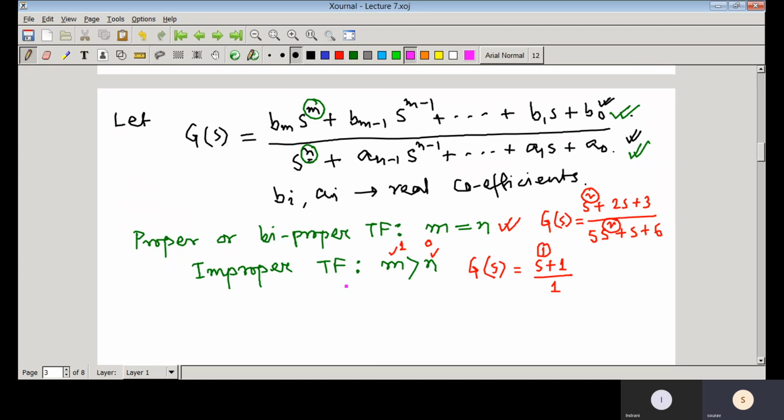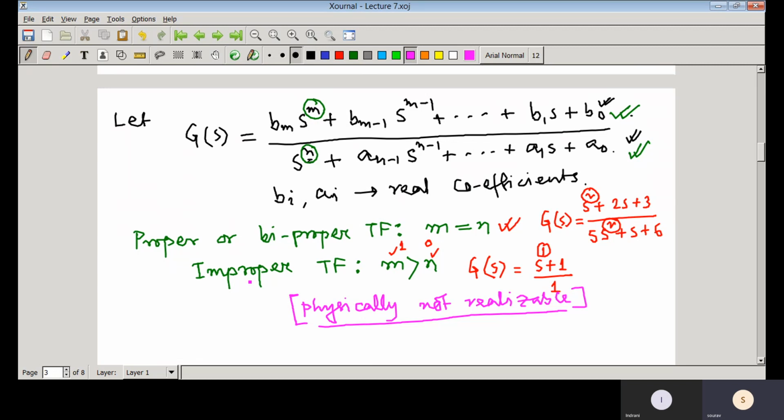So one important point, and that is very very important, that improper transfer functions are not physically realizable. That means whenever you consider a transfer function in improper form, that means its numerator degree is greater than the denominator degree, that transfer function cannot be realized physically.